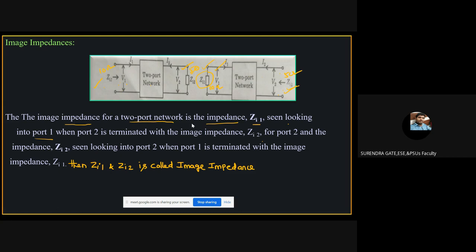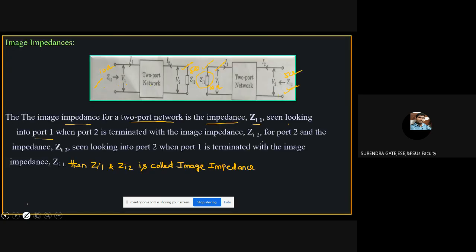Yes, friends. Now I want to explain, but I am not giving the derivations. Please concentrate. Zi1 is defined as V1 by I1. Then what is Zi1 equal to? V1 by I1. Zi2 is equal to V2 by I2, seen from the output port. Then what are the image impedances in terms of input and output impedances?